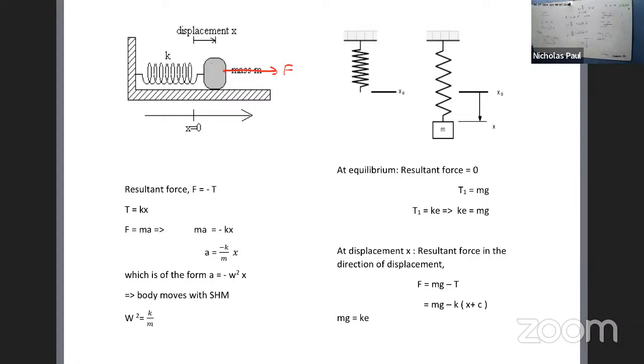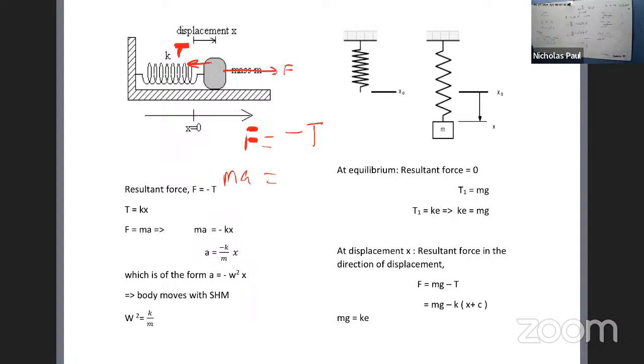So the restoring force is that way, which is really the tension. All right. So therefore, F is equal to minus T. Remember, F is equal to ma.